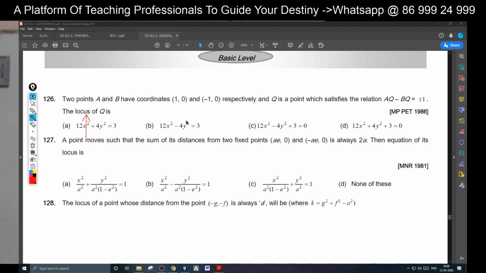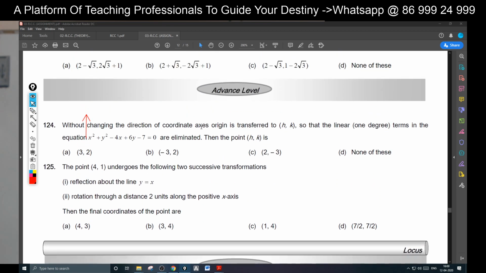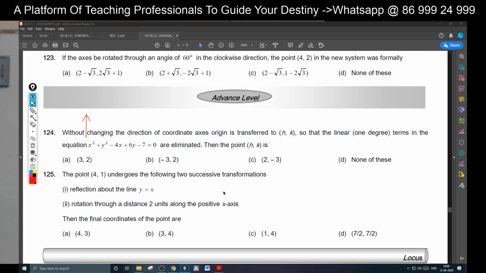This is locus. And then these are change of axis, transformations, successive transformations and all this. The title I gave was Introduction, Change of Axis and Locus. It has taken this much time to explain this introductory part.